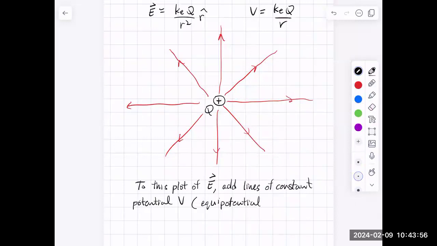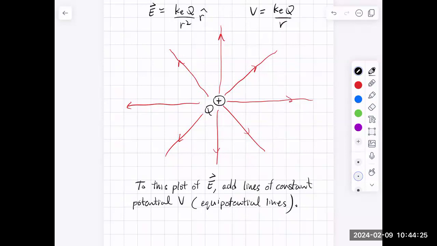I call them lines because I'm going to draw a line, but really this electric field is 3-dimensional, and the constant lines that we draw on our 2D screen really represent spherical surfaces. It's a surface of constant potential.